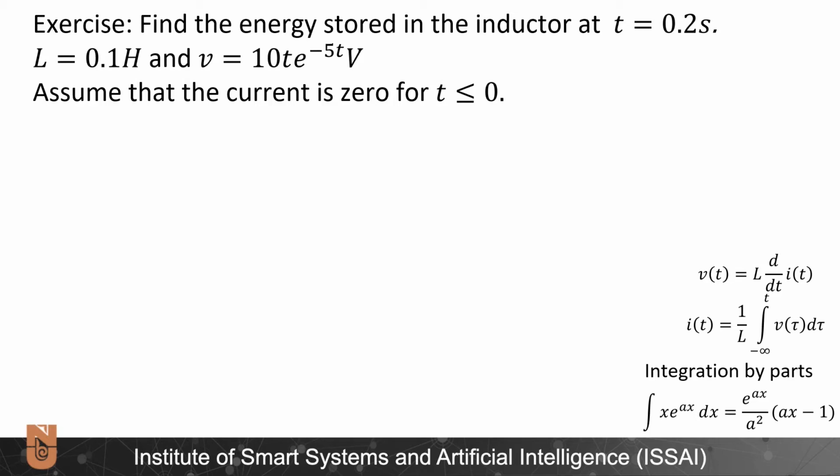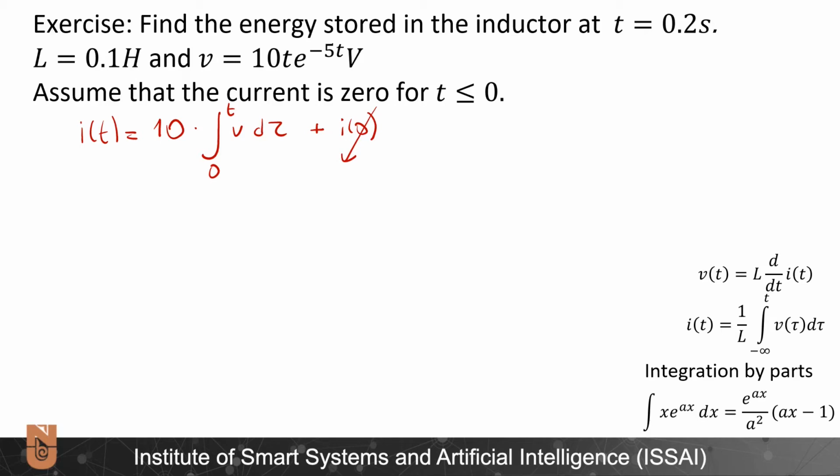Here we first need to find the current from the voltage equation, which is given as v is equal to 10t times e to the minus 5t. So for that, I will need to take an integral. For taking this integral, I will use the integration by parts formula, and accordingly, my integration will be this. i of t is equal to 1 over L, 1 over L is 10, 10 times integral from 0 till t v d tau plus i0.